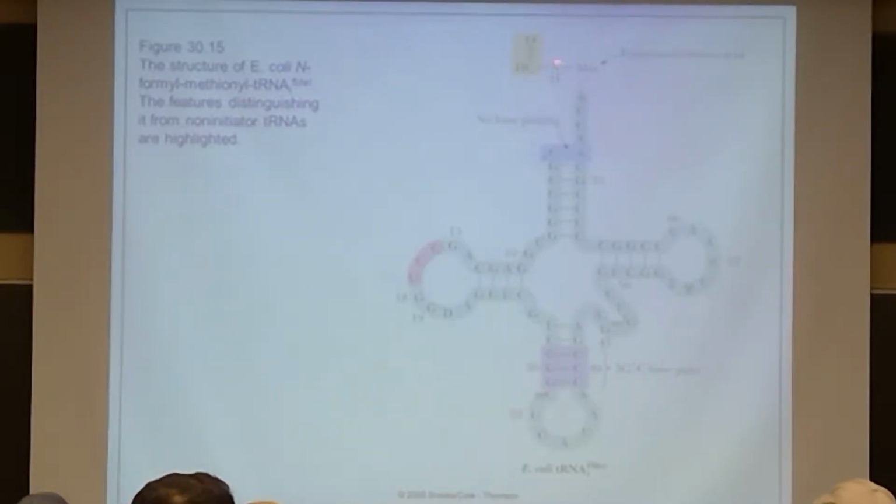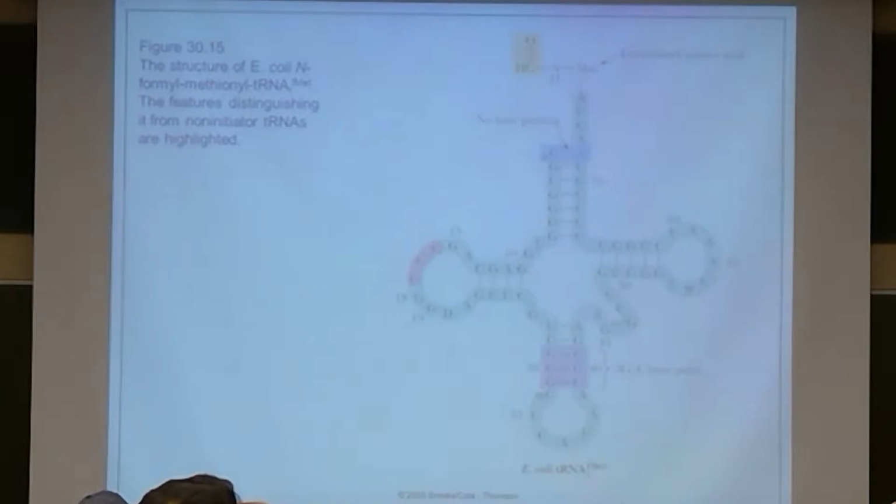And the amine group of this methionine, if this tRNA is the initiator tRNA involved in translation initiation, first AUG. Does it make sense? Then this methionine amine group will be formylated. This is a formyl group, aldehyde group. Does it make sense? So for the rest of the methionine tRNAs, this amine is not formylated.